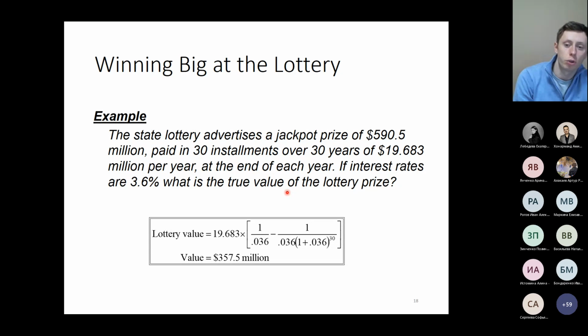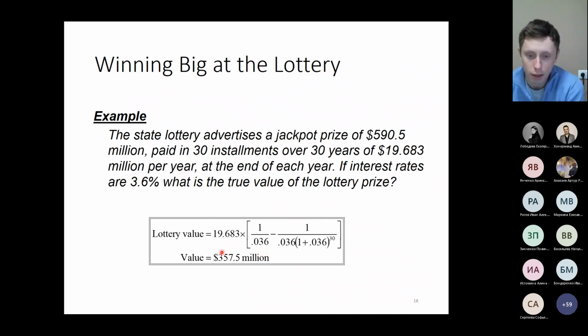We have some price received, so we are offered some price, and this lottery suggests that instead of paying the money in a full amount, they would divide it in 30 parts and pay each part separately for 30 years.